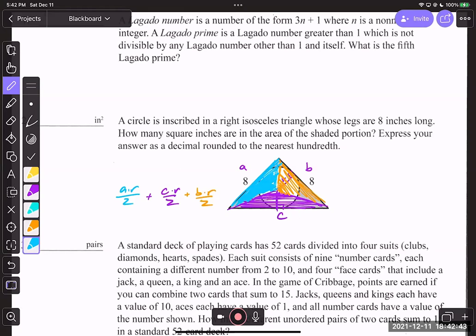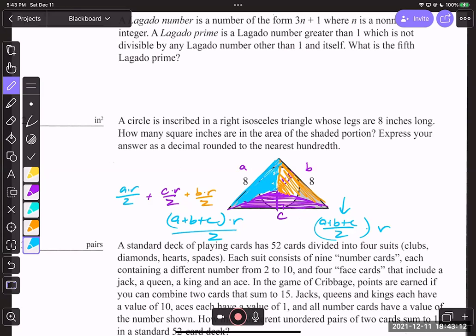So now I add these three together because I want the area of my total triangle, right? That's A plus B plus C, times R divided by 2. The reason I'm able to do that is because they're all being multiplied by the same thing. This is the distributive property. Look good? Yes. Now I can separate this out to become A plus B plus C divided by 2, times R. And this is just half of my perimeter.